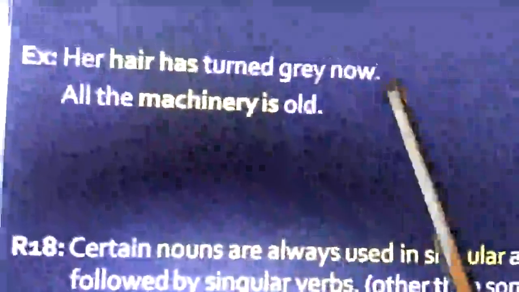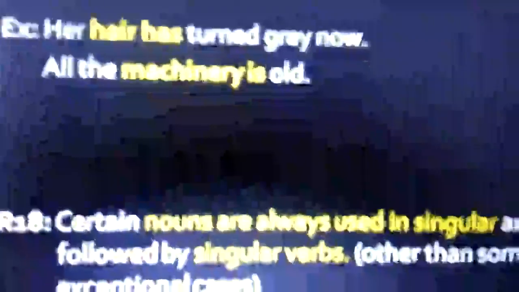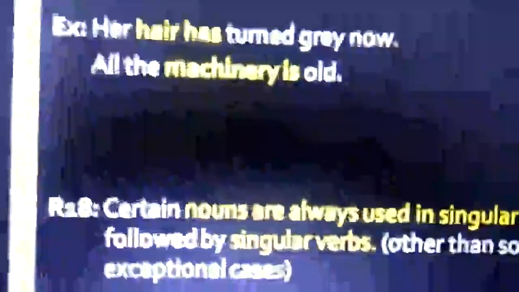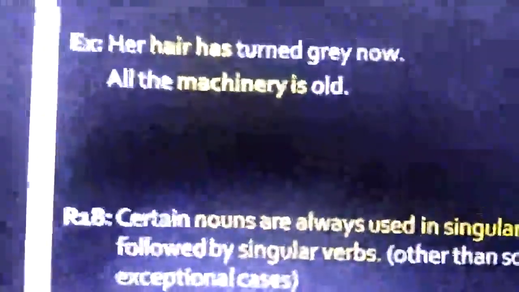The other one, her hair has turned grey now. All the machinery is old. Here, certain nouns are always used in singular and they have to be followed by a singular verb only. Hair, in the sense, it is used in singular sense. Machinery, it is used in singular sense.